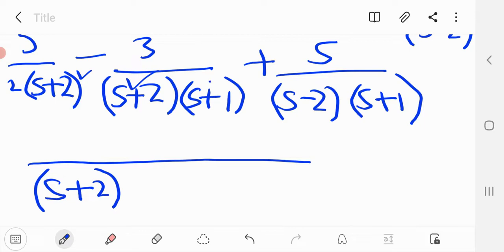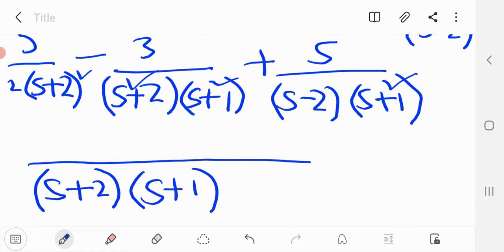Similarly, s plus 1 and s plus 1 are also common, so they both should be taken as common. Similarly, s minus 2, let me check, it is s plus 1 and s minus 2.